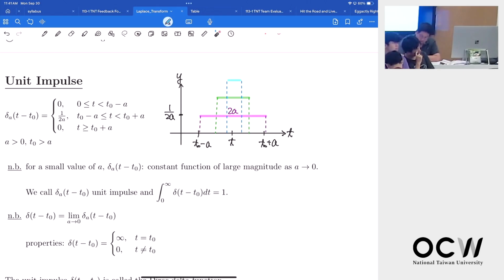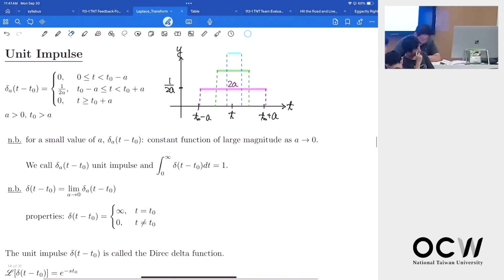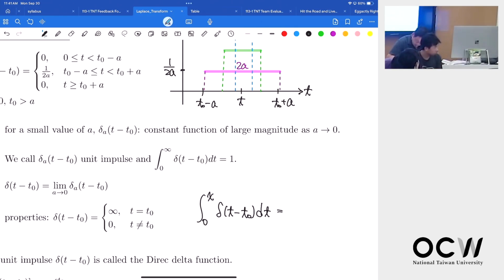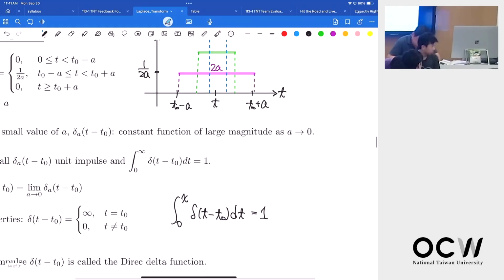When we take the integration from 0 to x, where x is greater than t naught, of delta t minus t naught dt, it should be 1 for x greater than t naught.